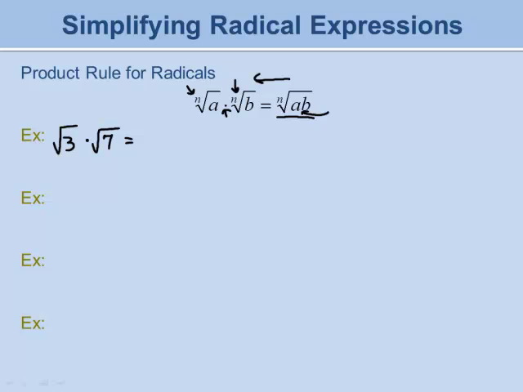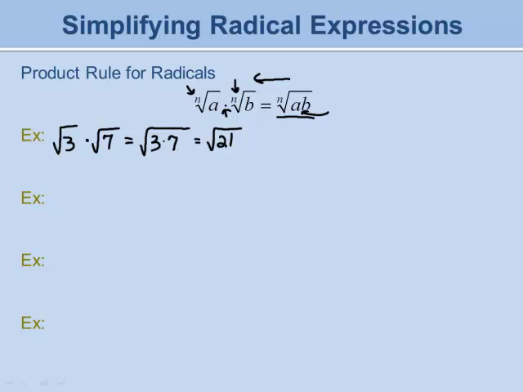Since we're multiplying those two, though, we can write that underneath one square root symbol and do the multiplication underneath the sign. So now we have the square root of 3 times 7, and that gives us a single simplified expression of the square root of 21. 21 cannot be simplified any further. 21 is not a perfect square, nor are there any perfect squares in it.